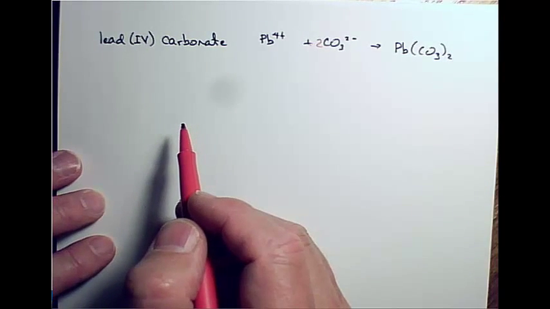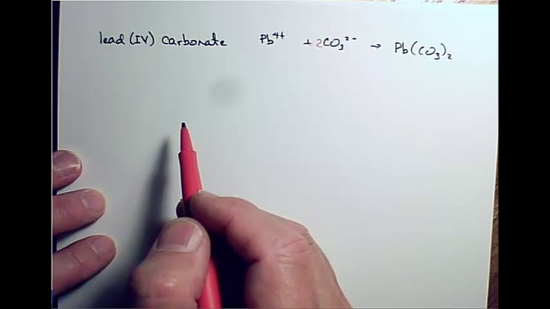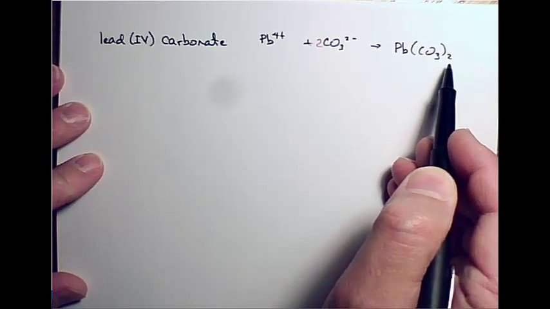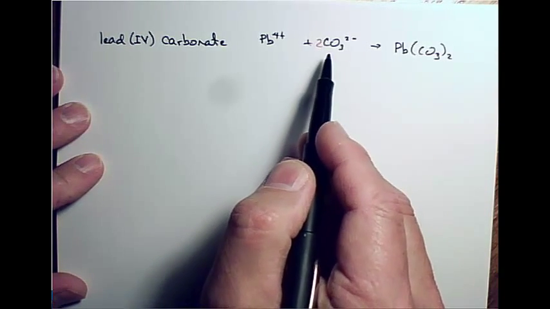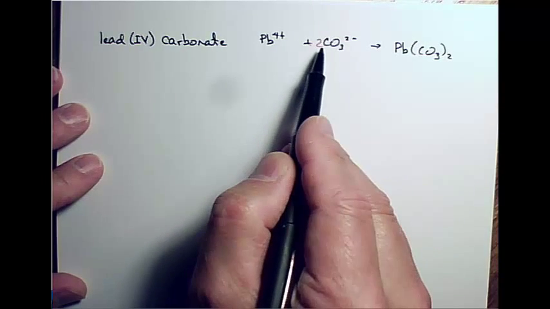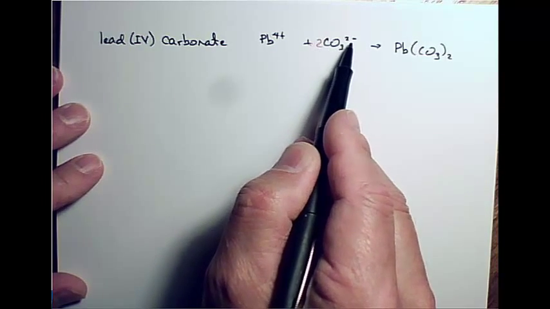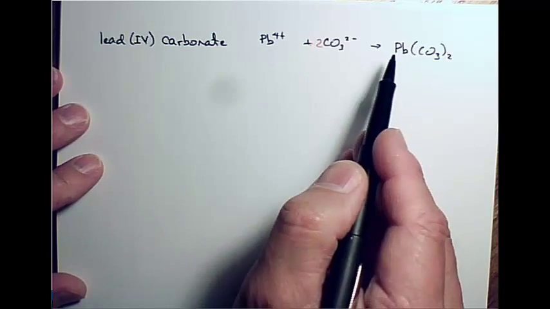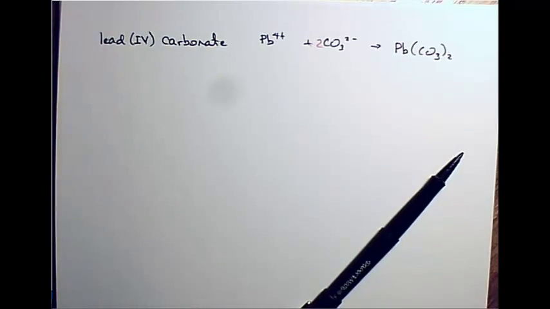Okay? This 2 comes from the need to have 2 carbonates, because they have a 2 negative charge, to balance out or cancel out the 4 plus charge. We need a compound that has a neutral charge at the end.